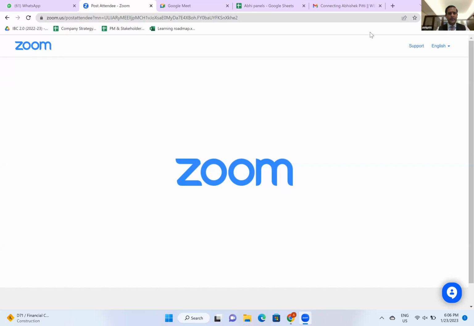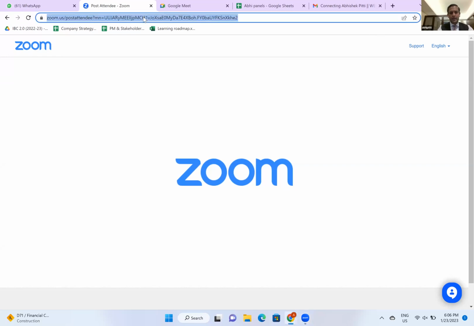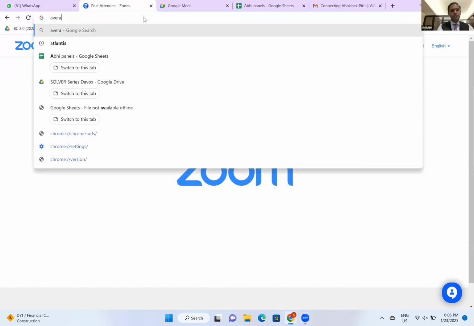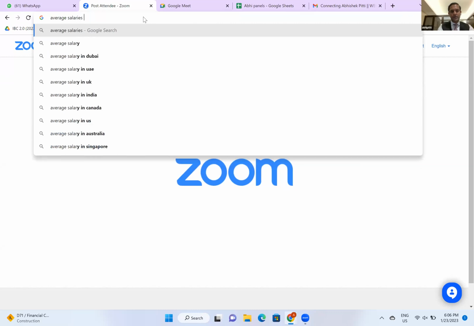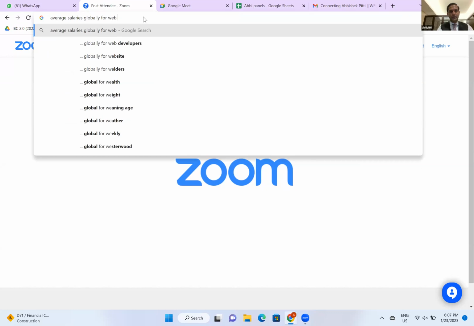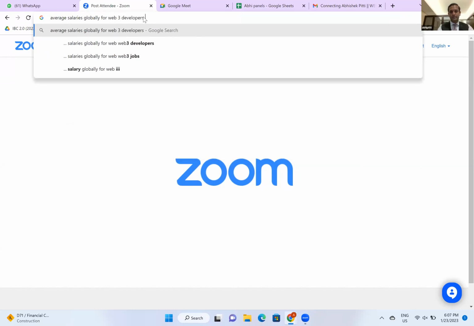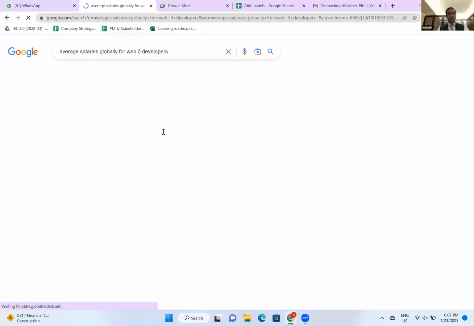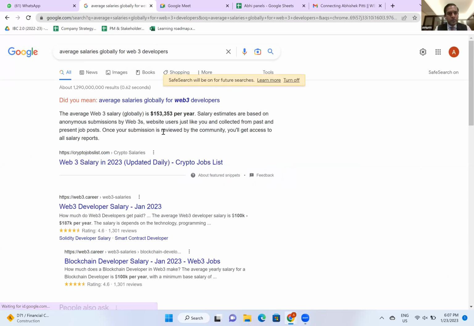So let's try: average salaries globally for Web3 developers. All right, so the average Web3 salary is 153,000 per year.